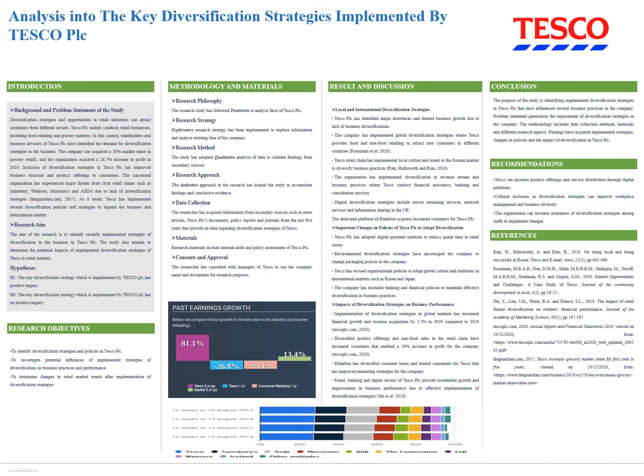The second is that cultural inclusion in diversification strategies can improve workplace management and business diversity. And the last recommendation is that the organization can increase awareness of diversification strategies among staff to implement changes.